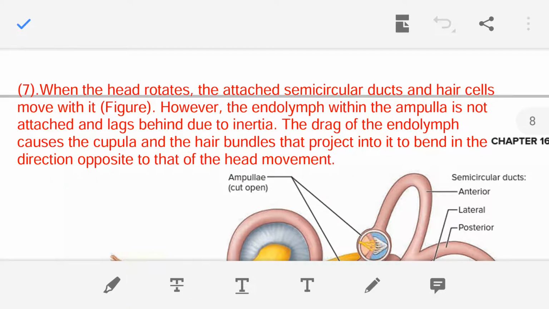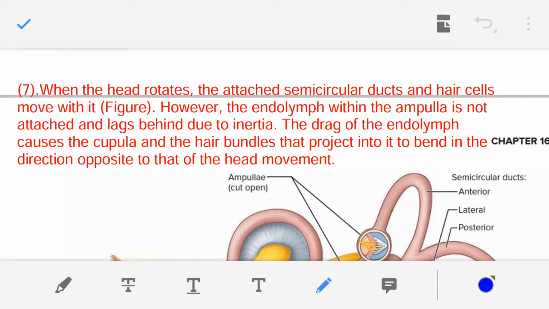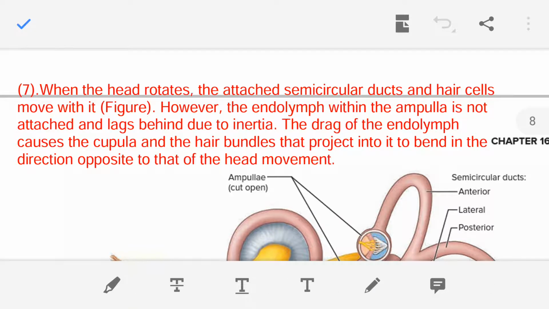So the direction in which you are rotating your head, opposite to that direction, the cupula and hair bundle are going to bend. So the cupula and hair bundle move opposite to the head movement.